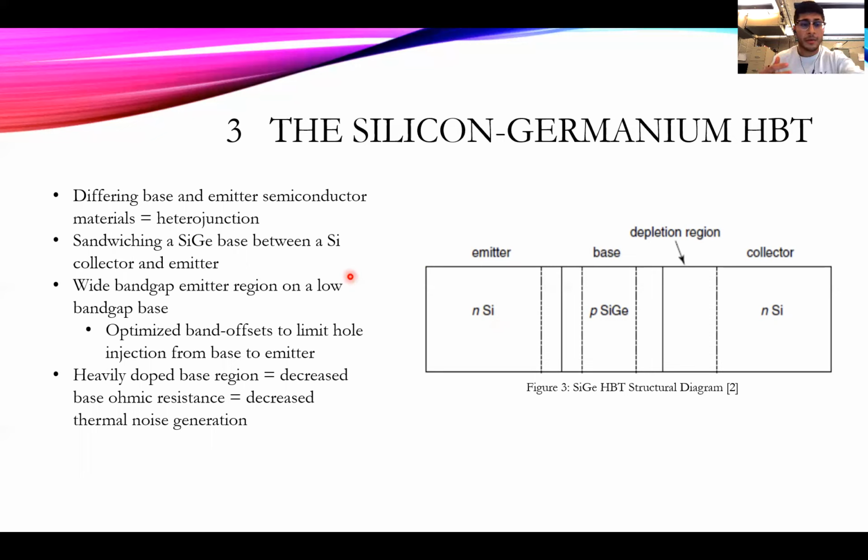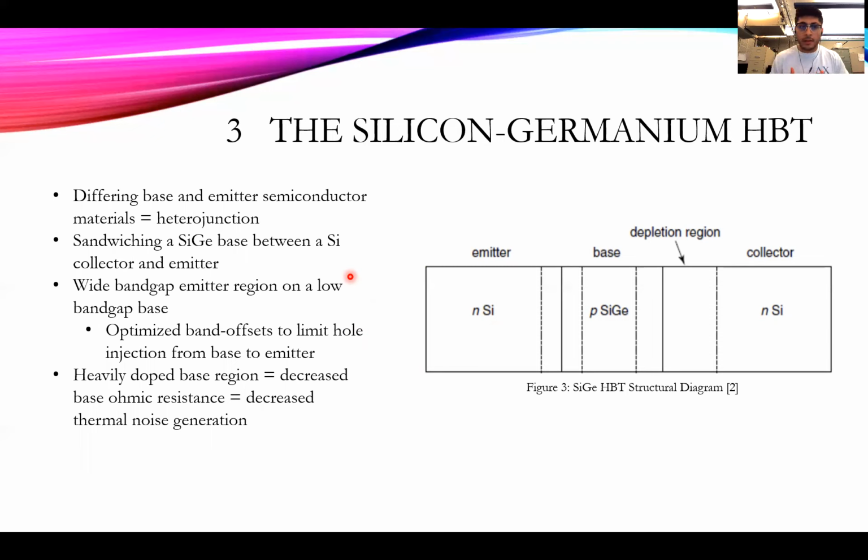One key characteristic about the emitter region in silicon-germanium HBTs is that they have a wide band gap emitter, which is what I mentioned earlier. And alternatively, they have a low band gap base.